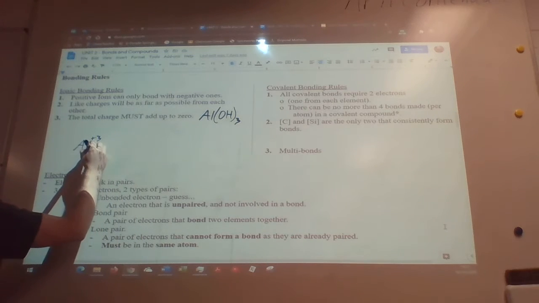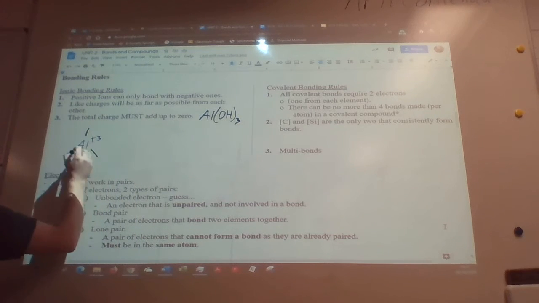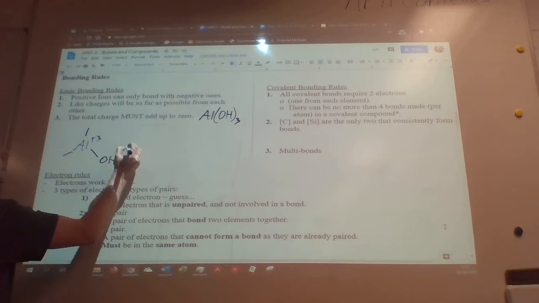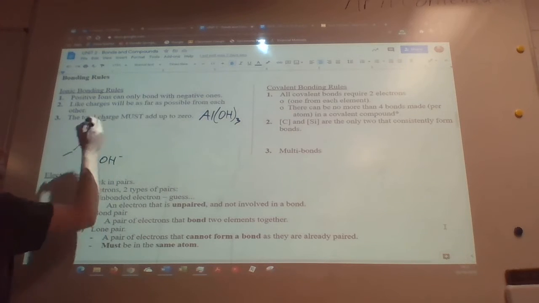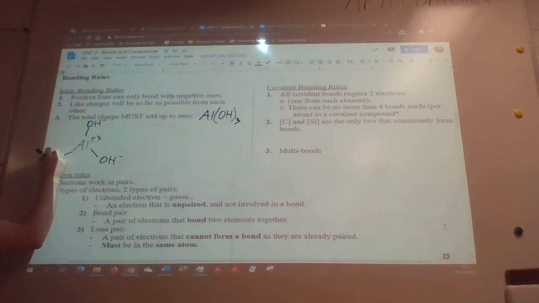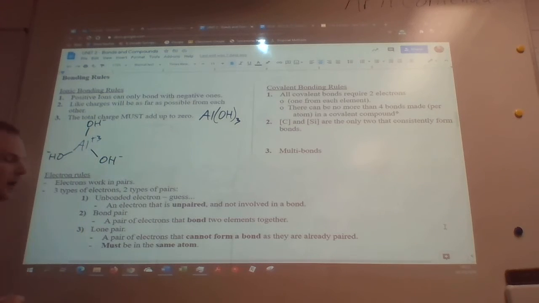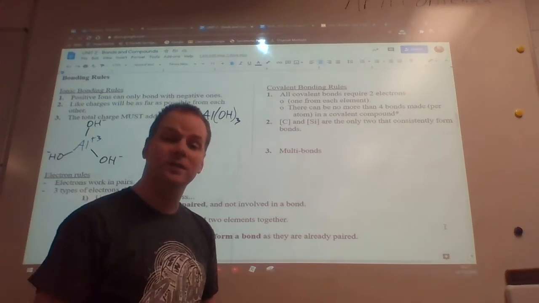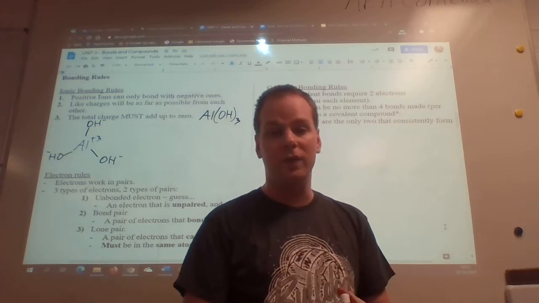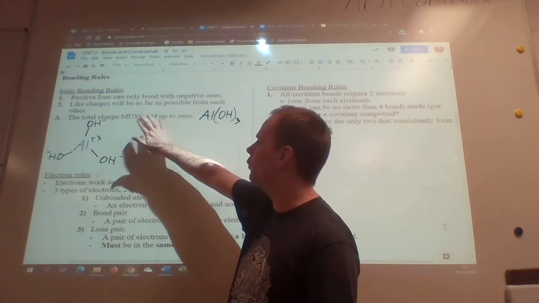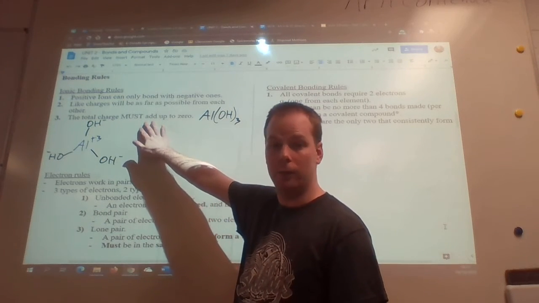So what happens is this aluminum finds 3 hydroxide ions, each one with a -1 charge. And oh so conveniently, there are 3 -1s and 1 +3, so they cancel each other out. And so we still have a neutral molecule or compound.